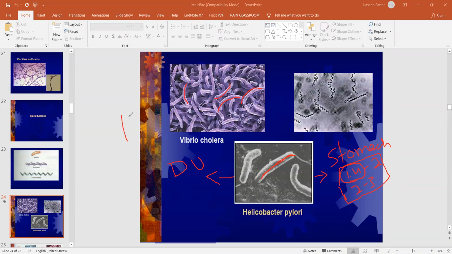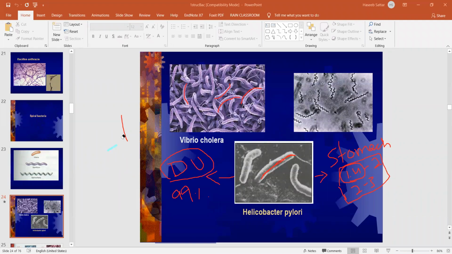For example, this is a stomach, so they are present at the junction or near the bulb of the duodenum. That's why this bacteria most commonly causes duodenal ulcer. About 99% of duodenal ulcer causes are H. pylori.